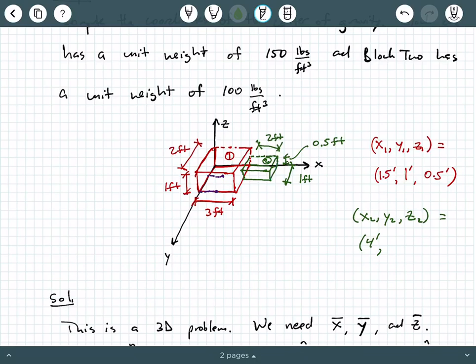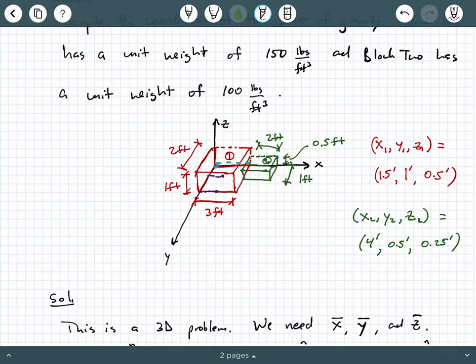What about the coordinate in the y direction? Well, this little total y dimension is 1 foot, so it's just half of that. So that's 0.5 feet. And then what about in the z direction? Well, it has a height of half a foot, so you're just going halfway up, 0.25 feet. Okay. So the one you got to pay real close attention to is x2.